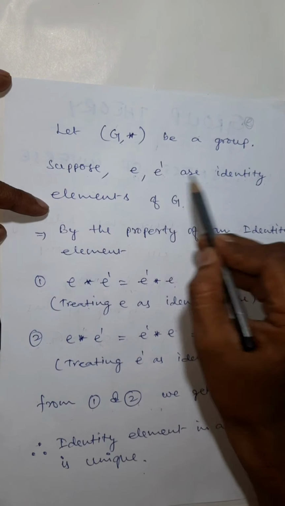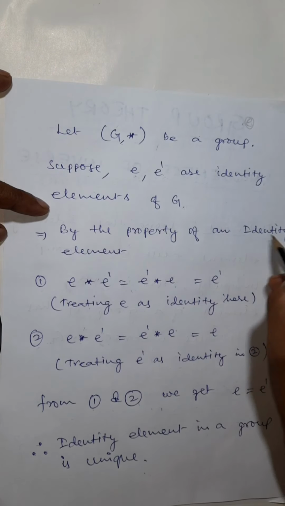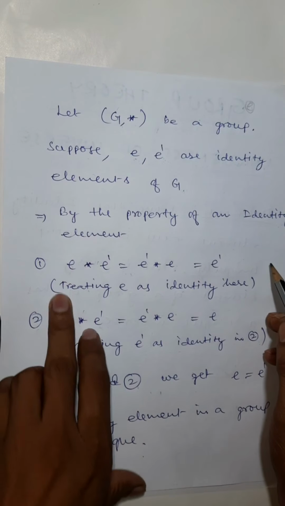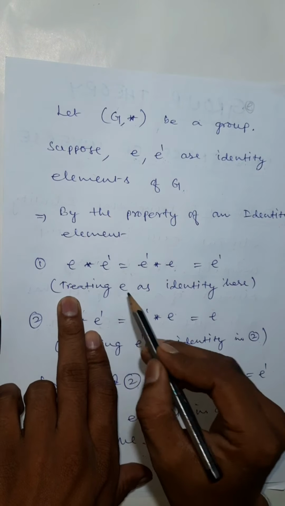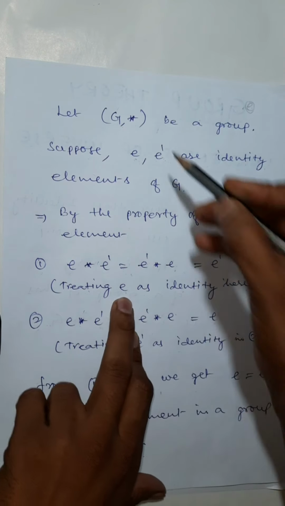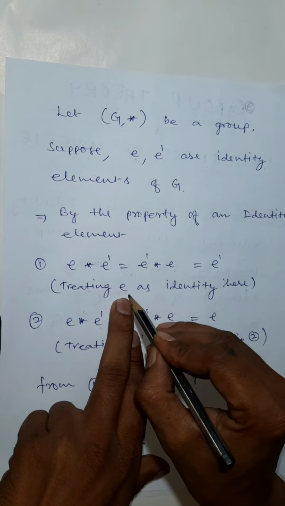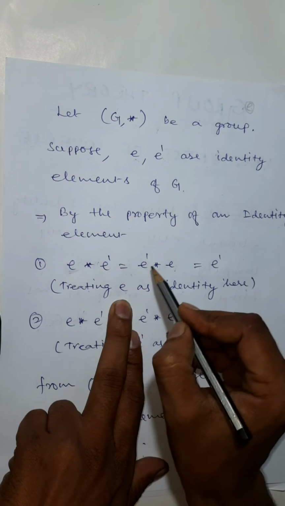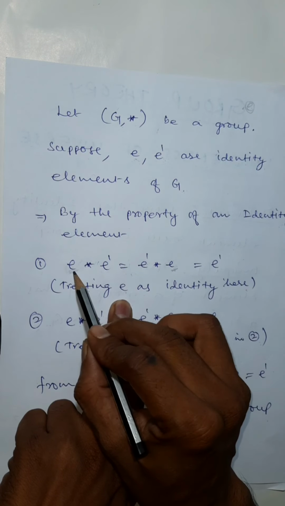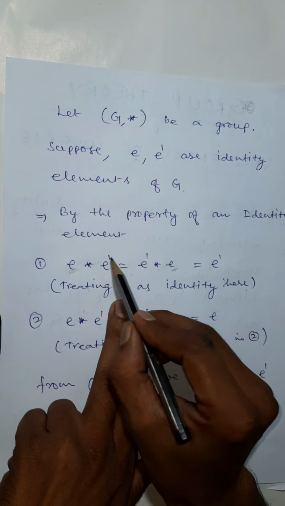Suppose e and e' are the identity elements of a group G. Then by the property of an identity element, in the first case, let us treat e as the identity element, since we have two identities. Multiplying this identity element with any element of a group gives the element itself.